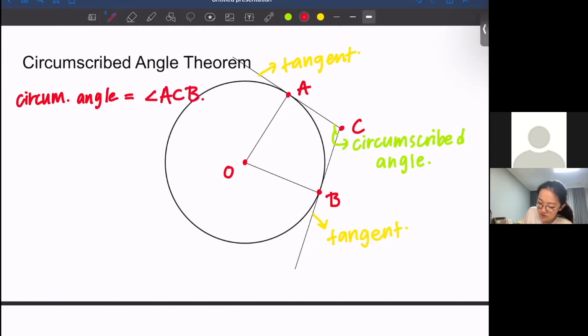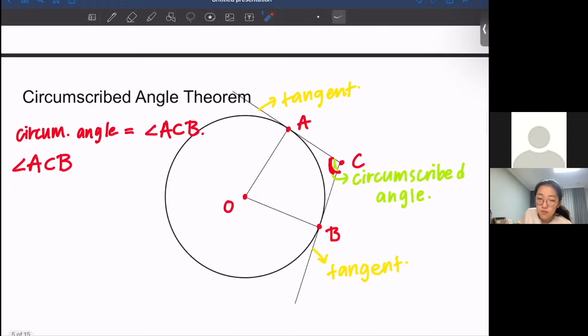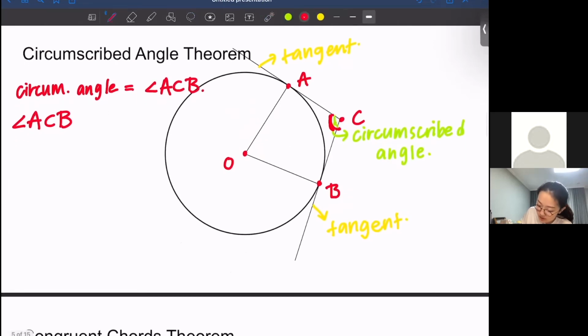Then the special relationship here is that angle ACB here and angle AOB here, added up, will create 180 degrees.